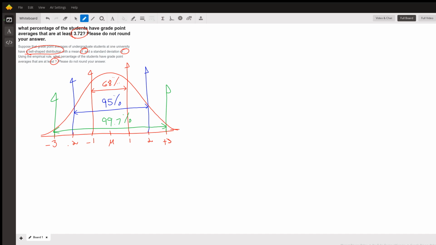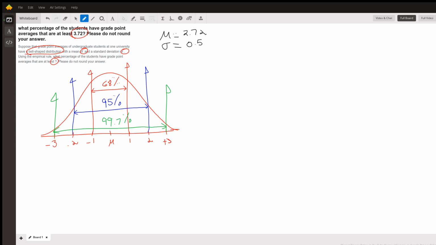So let's assume that we have a mean of 2.72 and a standard deviation of 0.5.